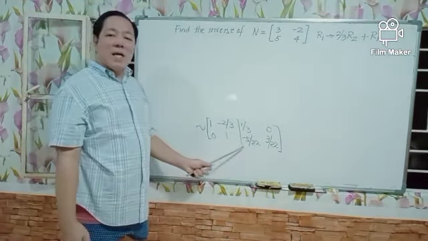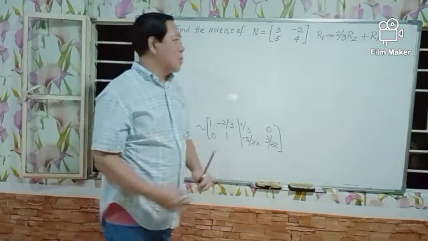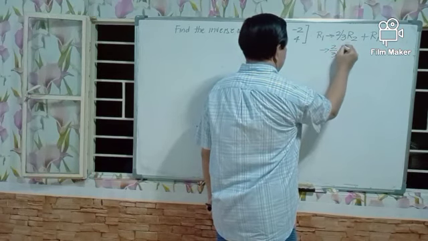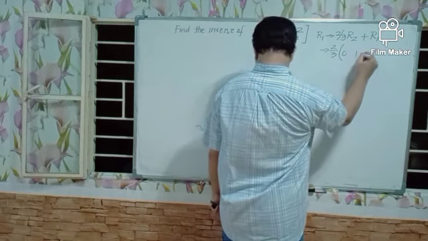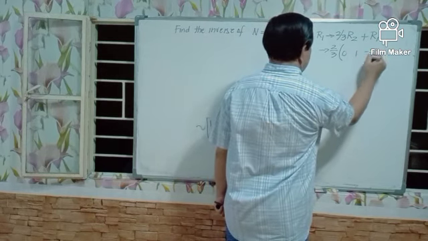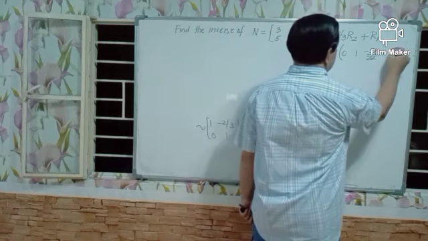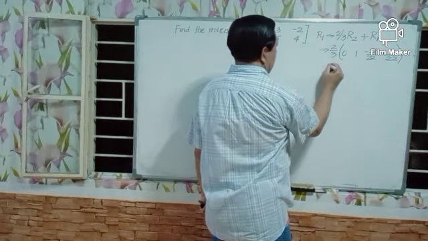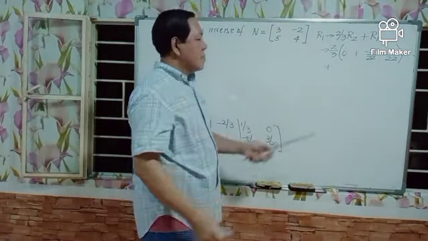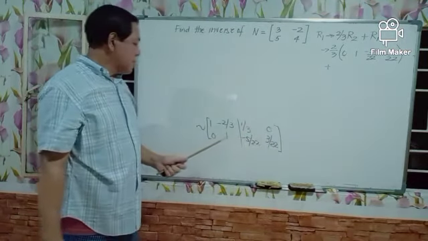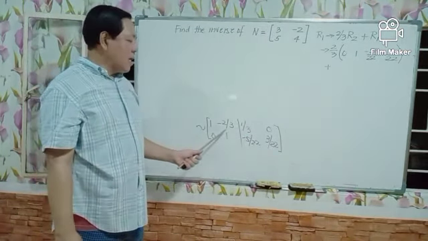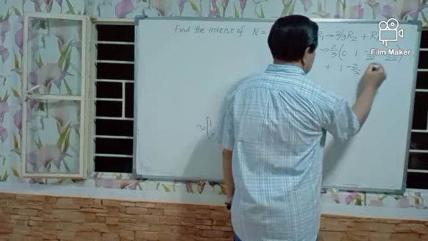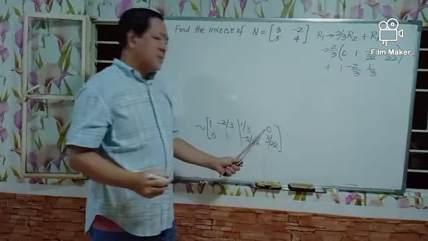Row 2, 0, 1, negative 5 over 22, and 3 over 22. And to this product, we add the entries of row 1: 1, negative 2/3, 1/3, and 0.